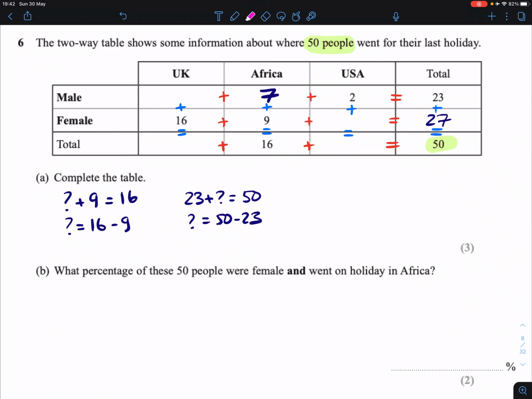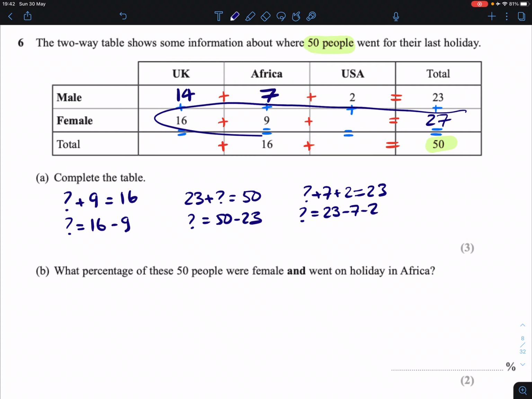I see 2. We have this sum here that we can figure out one of the gaps, and we also have this sum on the top. So each time you get one of these numbers in the two-way table, another gap will present itself that you can figure out. So the top row, we have something plus 7 plus 2 is 23. So that means if we do 23, take away 7, take away 2, we will get our answer, which ends up becoming 14 there.